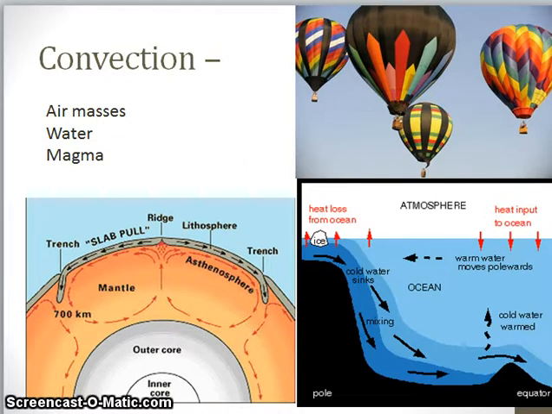You also see that in oceans, where cold water sinks to the bottom and warm water tends to rise, and in wind patterns, where hot air rises and cool air sinks. So this idea of convection, once the surface gets heated through conduction, is critical to the planet.